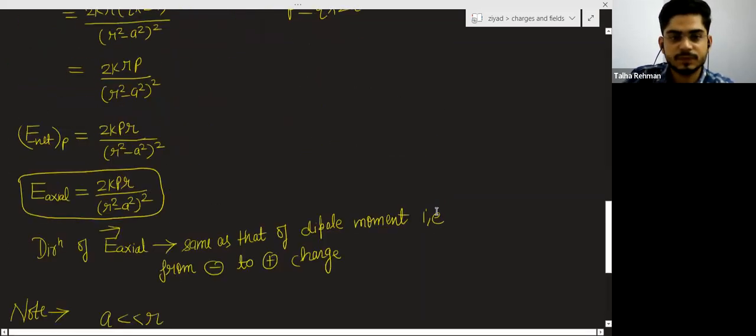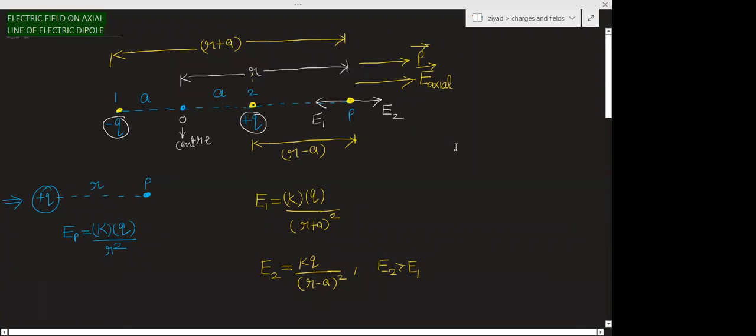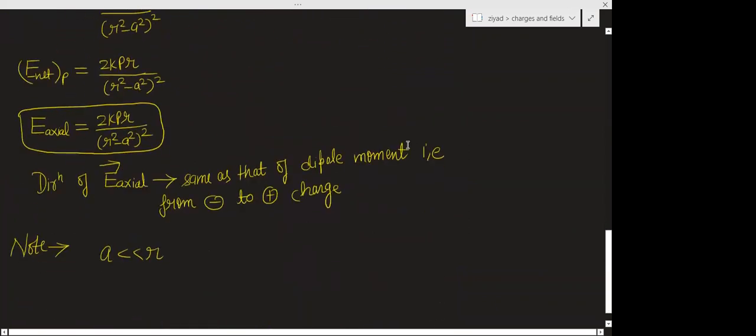So in the form of a note you can write this: A is very much less than R. Practically, when you see this, A is very much less than R.